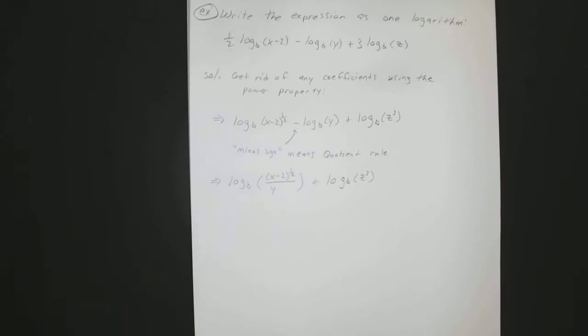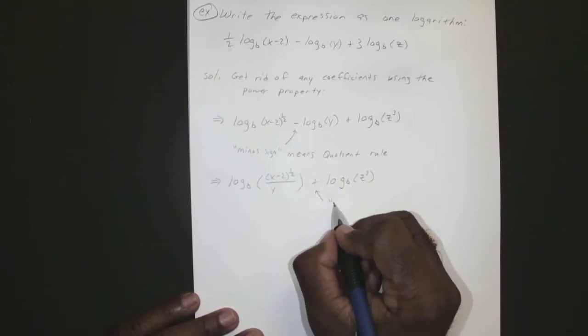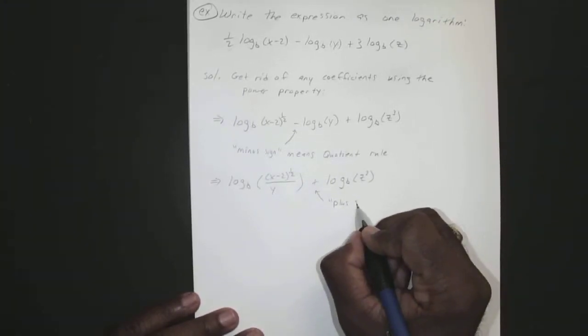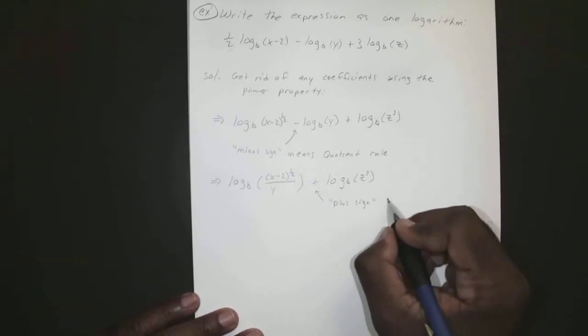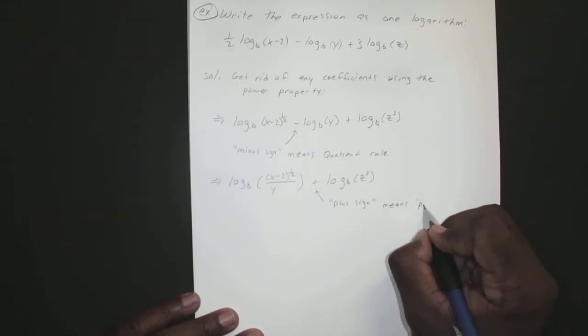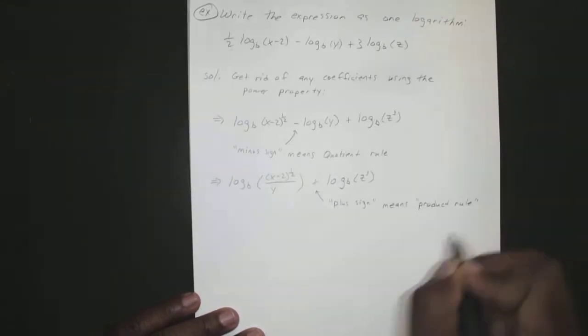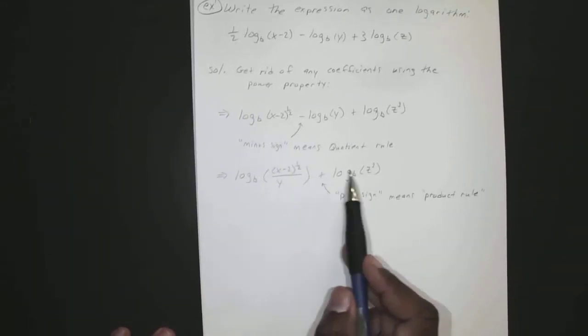All right. So now whenever you see a plus sign, that means product rule. So you just multiply those two together.